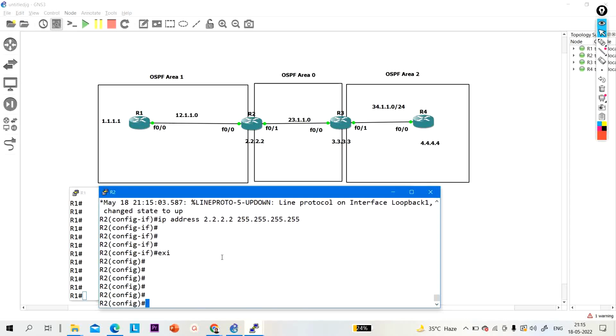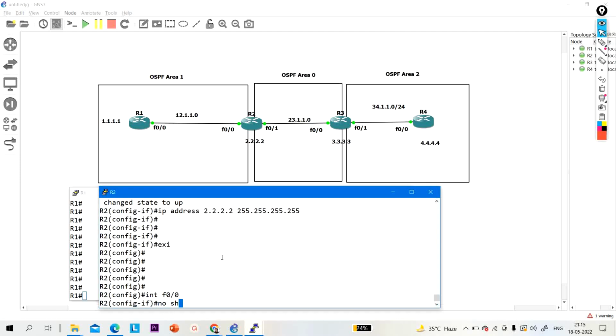Yes. Interface FastEthernet 0/0. Oh my God! Why am I running the no shutdown command? ip ospf process ID 2 and area. In which area will I advertise 0/0? In area 1, right?